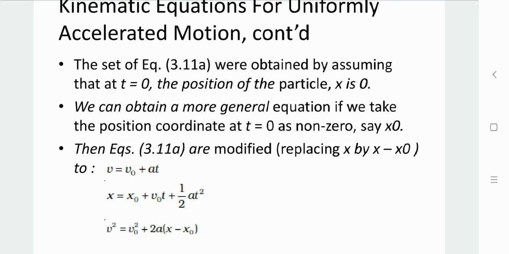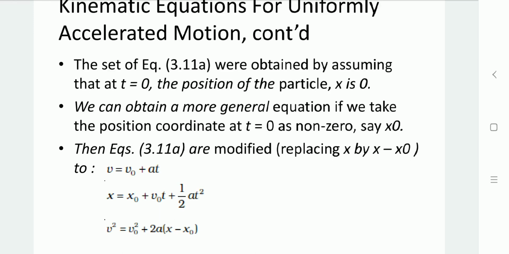So these equations can be rewritten: v equals v0 plus at; x minus x0 equals v0 t plus 1/2 at square, so that x equals x0 plus v0 t plus 1/2 at square; and v square equals v0 square plus 2a (x minus x0).